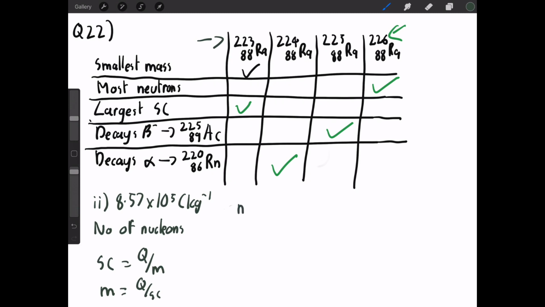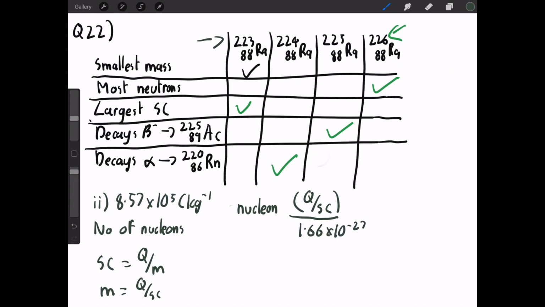And for the nucleon number, I take that mass, Q over SC, and divide it all by 1.66 times 10 to the minus 27.